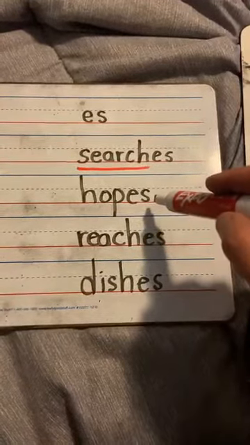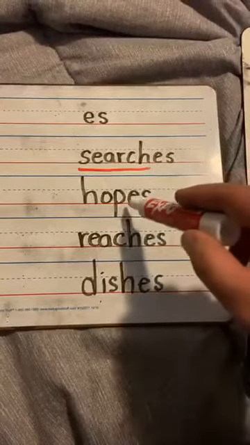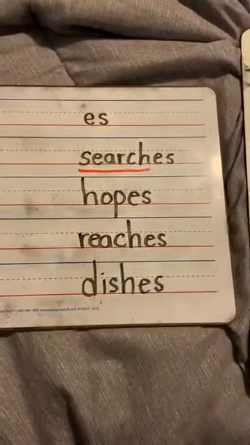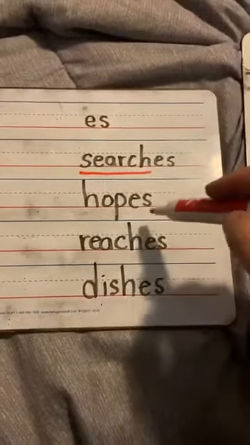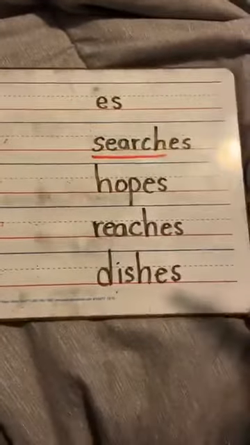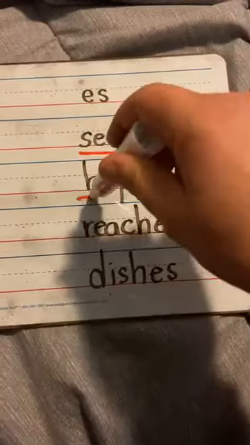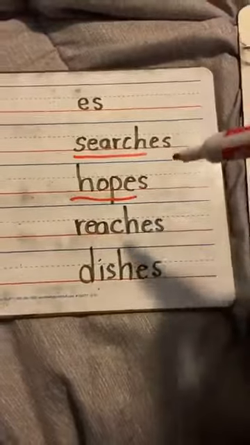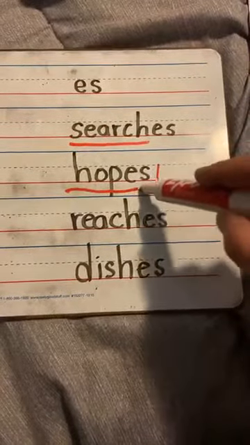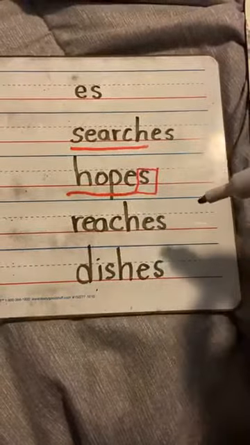What does it end in? Okay, so it hopes. Now, this one. Should this one be over here or should it be over here? Because what's my base word? Hope. You're right. So what does this end in? It ends in just the s.